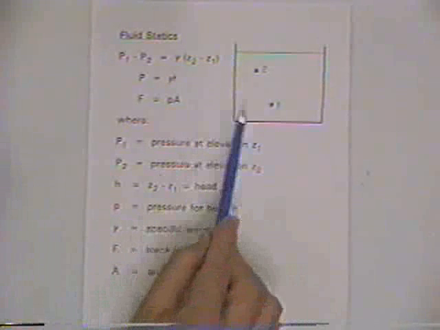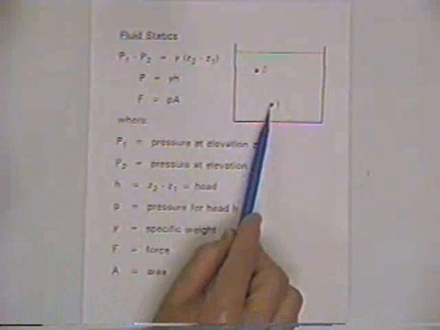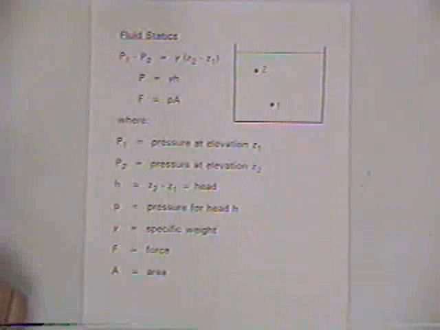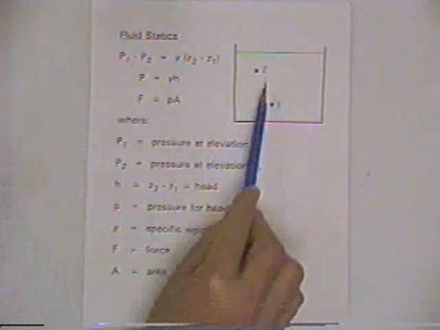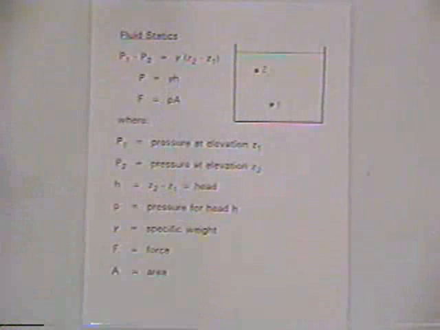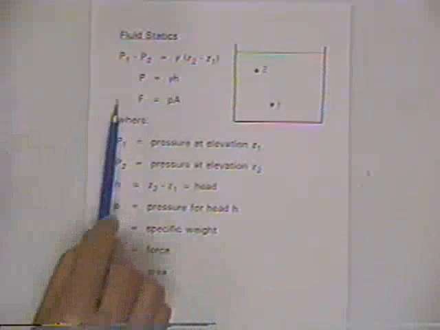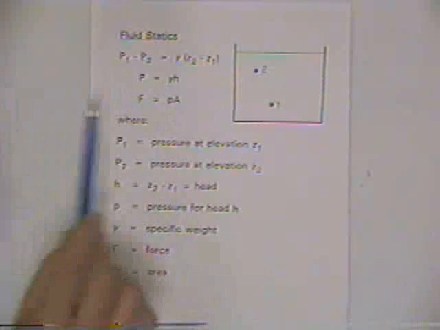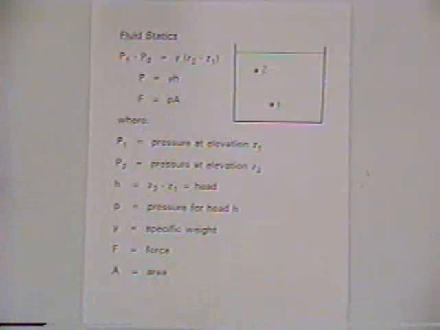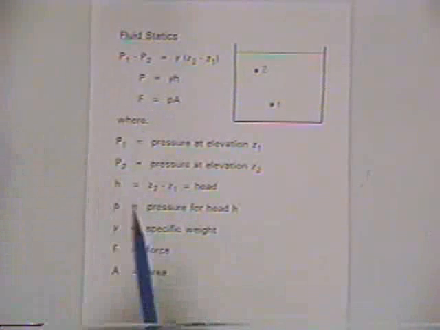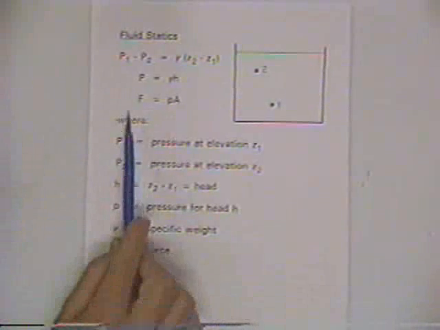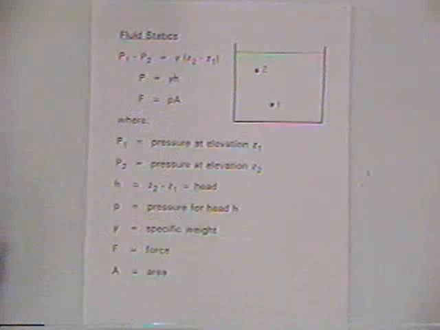And so if we let Z1 and Z2 just be the elevations, and the difference in elevation being H, which we call the head, then the pressure is just the unit weight of the fluid times the head between the two points. And we may also want to deal with forces, and a force is just a pressure times an area. And so those are the basic expressions that we work with in fluid statics.